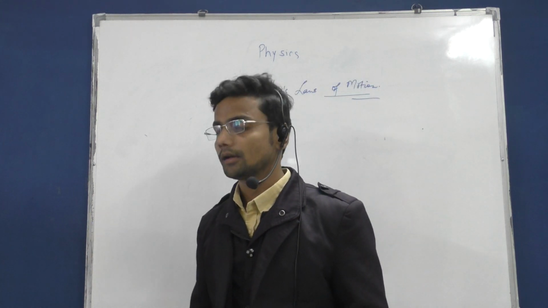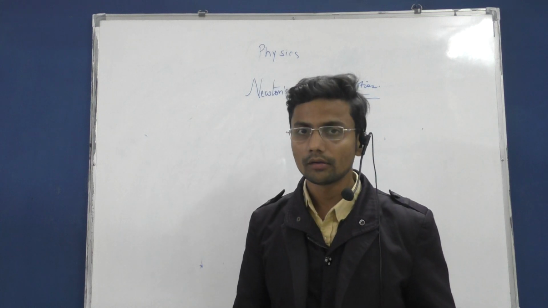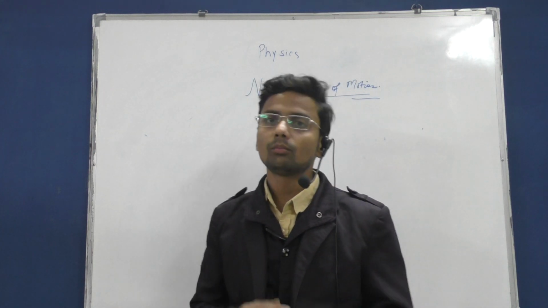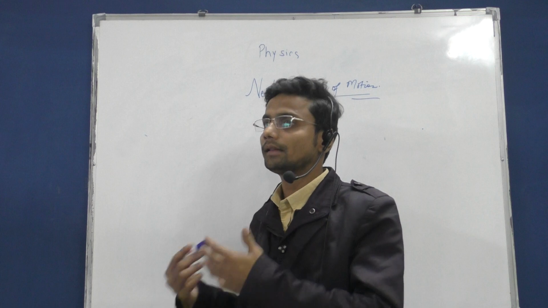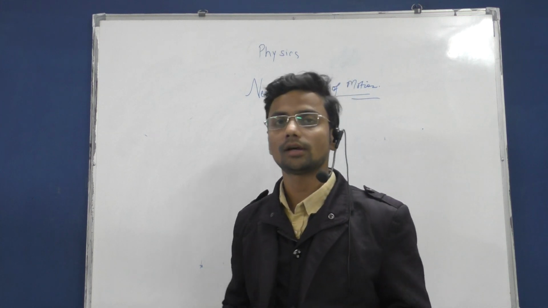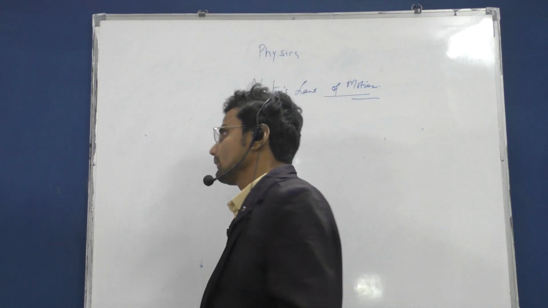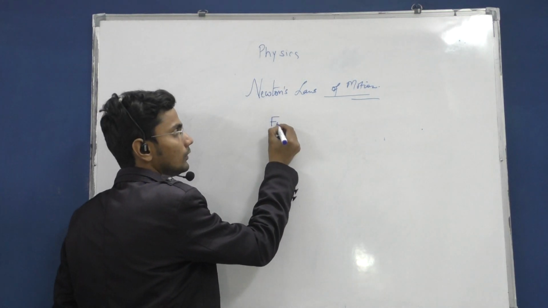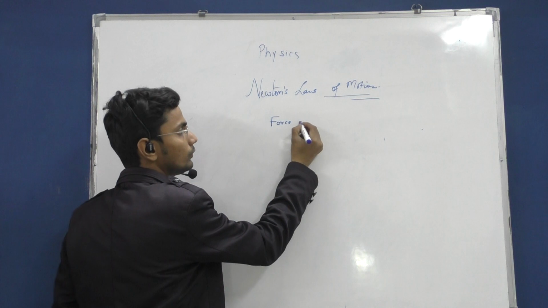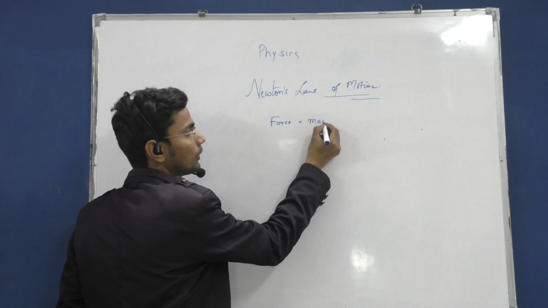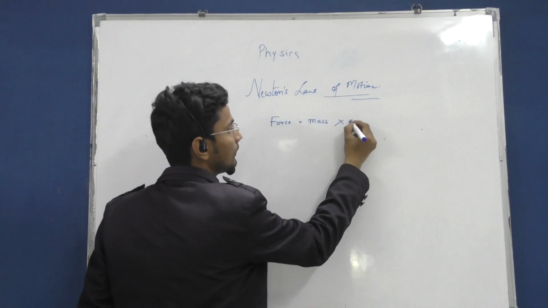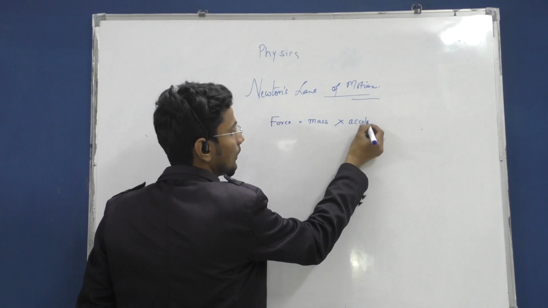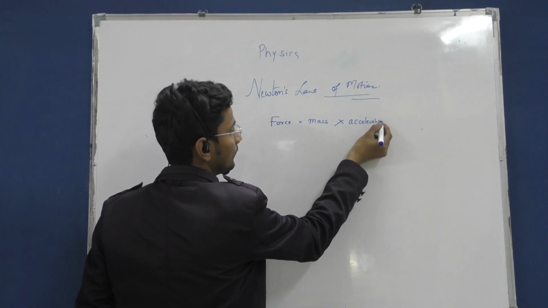Okay. The second law is more mathematical in nature than logical in nature. Why? Because the second law simply says that force is equal to the mass of the body times acceleration.